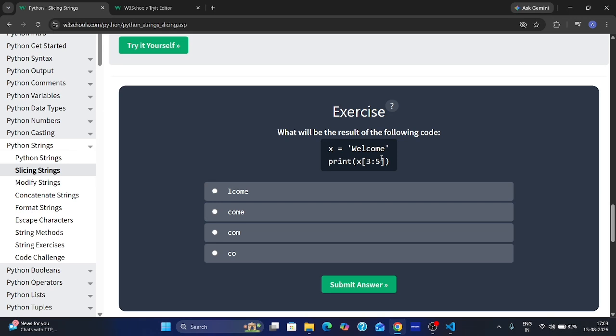So what would be the answer? Option 1: LCOME, option 2: COME, and COMCO. Please think and solve it by yourself first. After that, I will solve.